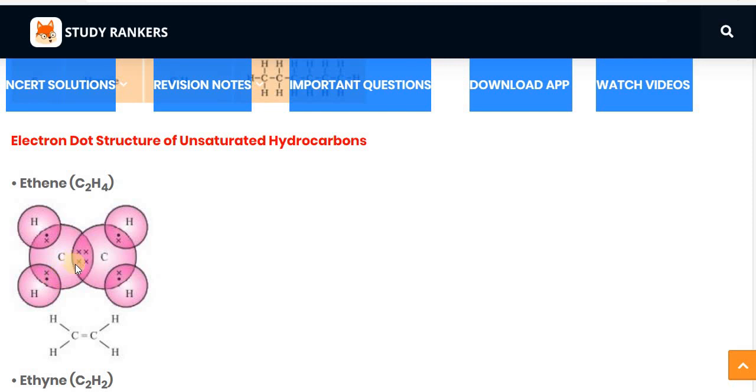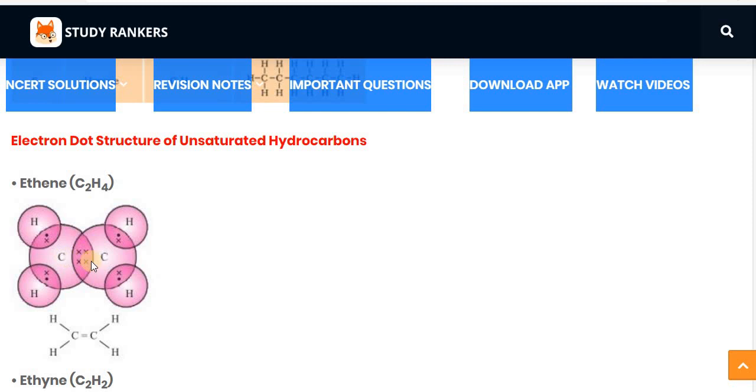So 1, 2, 3, 4: these are the 4 carbon electrons, and 1 electron is given by each hydrogen. Here you can see 2 electrons are shared by this carbon, 1 over here and 1 over here. So all the atoms, carbon and hydrogen, satisfy their electron valency like a noble gas.